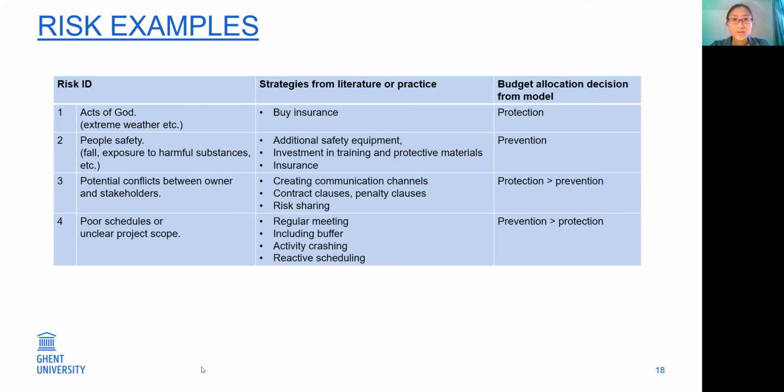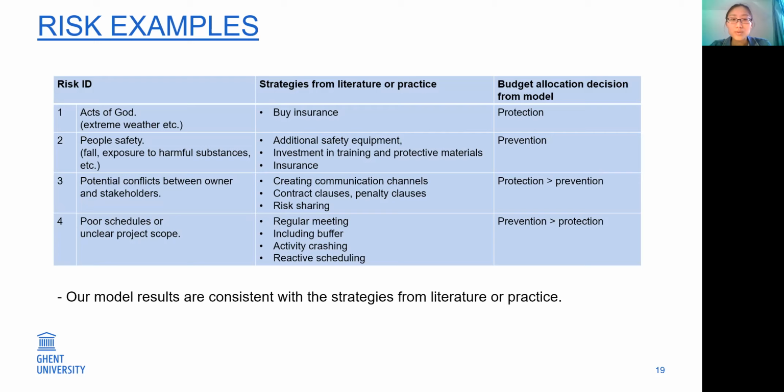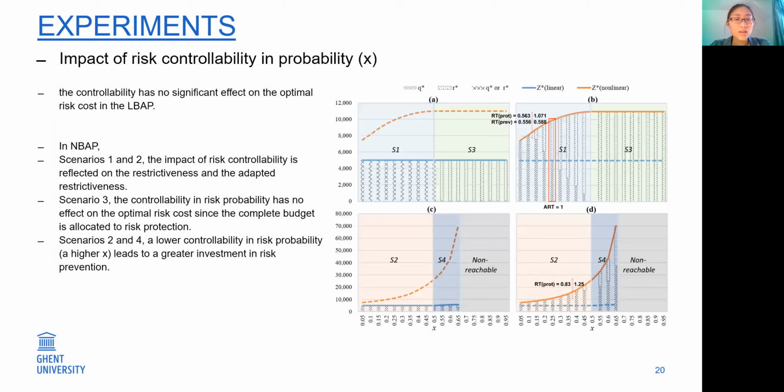By comparing the strategies from literature and budget allocation decisions from our model, we found that our model results are consistent with the strategies from literature and practice, which indicates that the 3-step decision procedure can be applied in real-life projects. Then we also conduct some experiments to investigate the impact of the model parameters.